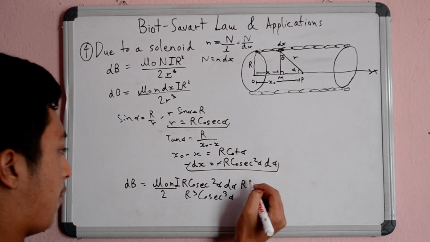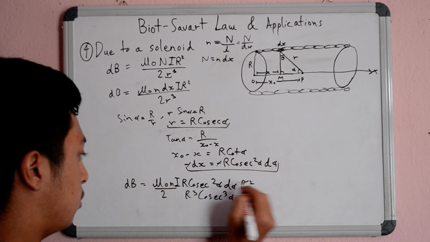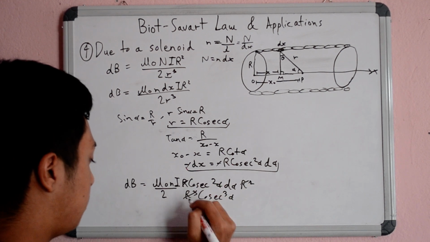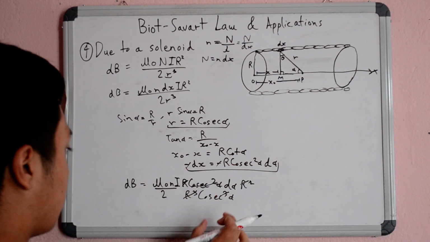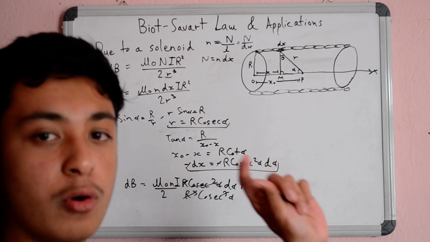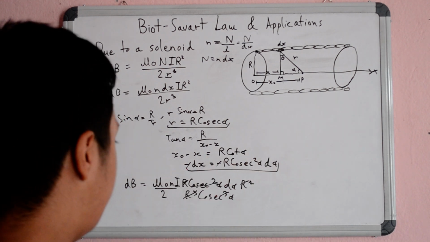So here we have r square and r, which is r cube, so these all cancel, cosec square alpha and cosec cube alpha cancel, leaving us with cosec alpha, and of course 1 by cosec alpha is just sine alpha.